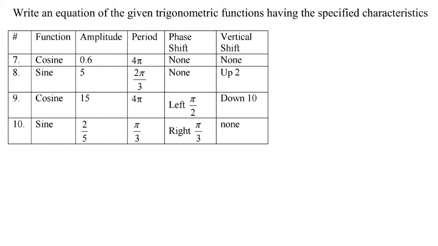Notice here we had to go through and use their given characteristics and come up with the actual function. So for number 7, we have an amplitude of pi over 6, so most of us can get started with this and say, well, I know that amplitude goes there in the front. That was A. We're talking about a cosine function, so that's okay.